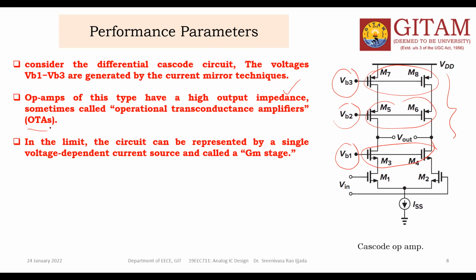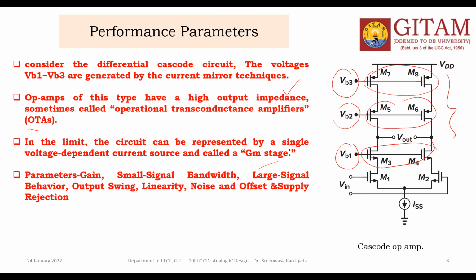In the limit, the circuit can be represented by a single voltage dependent current source called the GM stage. Although there are many transistors, you can take one voltage dependent current source, whose value is GM times V in. That is one more advantage.